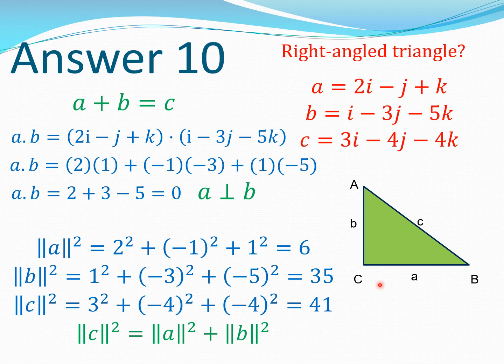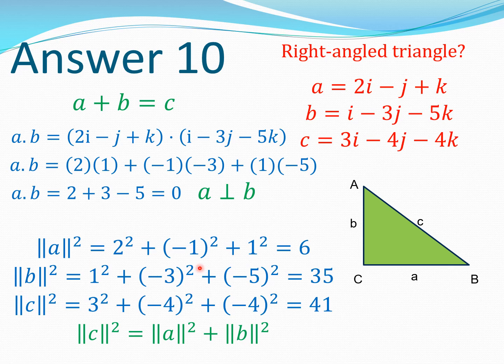Now if I am further interested in proving one more point, then what I can do is calculate the magnitude of these three vectors, and this should essentially satisfy Pythagoras theorem. So let's calculate the norm of A. That would be 2 square plus minus 1 square plus 1 square. So these are the values of the coefficients of i, j, k squared. So you get here 4, 1, 1, that is 6.